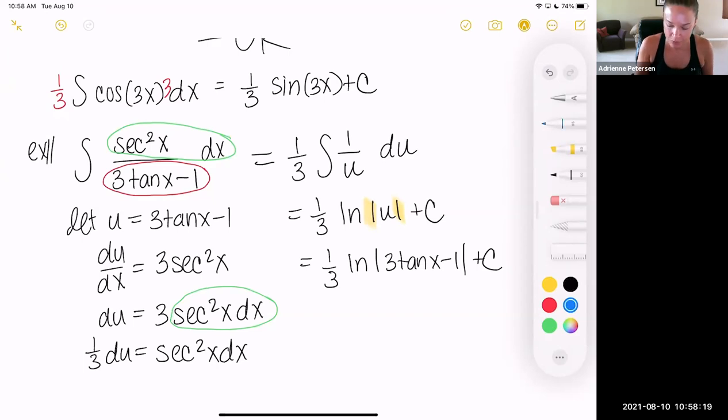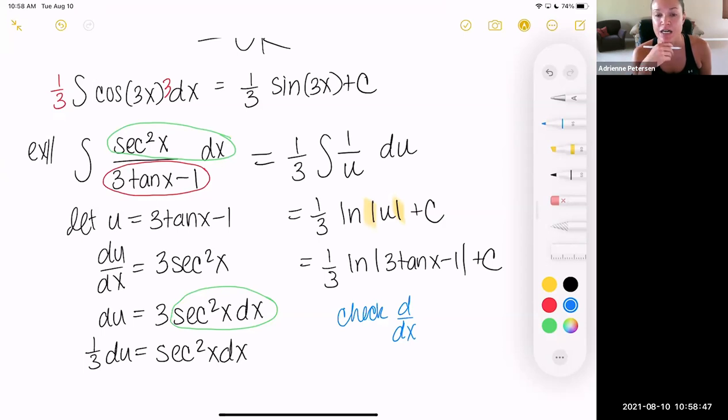Now remember, if you want to check, you can take the derivative of your final answer and you should get the original integrand. Now the way that one works out with the absolute value signs is a little bit trickier, but what you should pay attention to, like when you're checking on homework or on the quiz or on the exam, is you can check this without the absolute values because going in the reverse order, those don't really track.